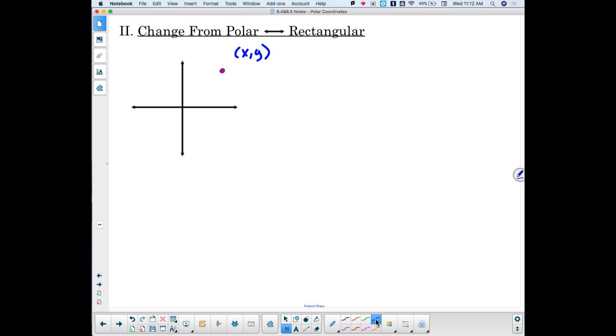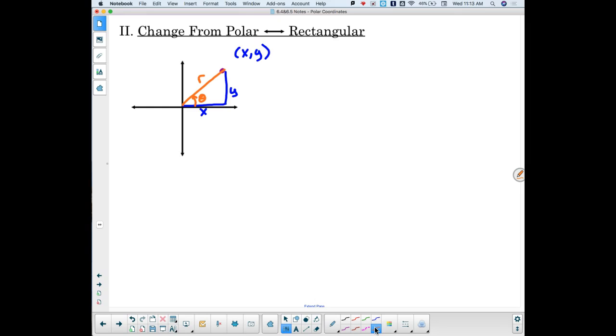means I go a certain amount in the x direction, and I go a certain amount in the y direction. That's rectangularness there. Okay? Polar tells me that I can just go directly to it with an r value and a theta value.